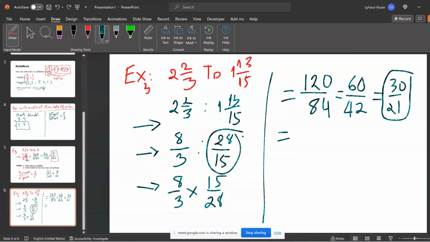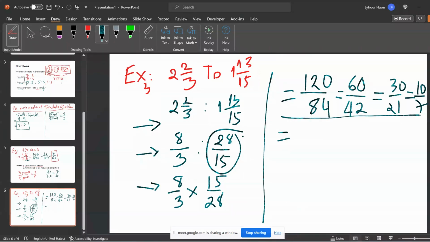Can we simplify with 3? 14 over 21. Oh, we can! Dividing by 3, it's equal to 10 over 7. 10 over 7 is the final answer.